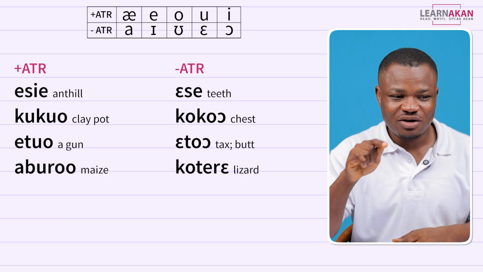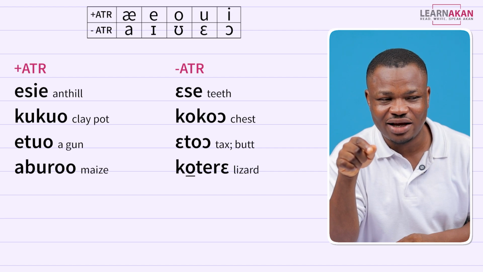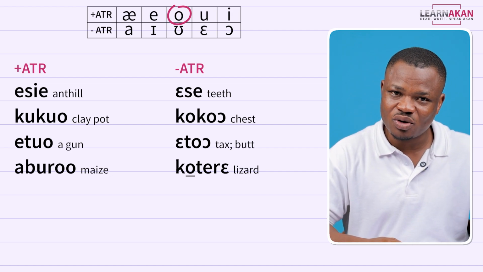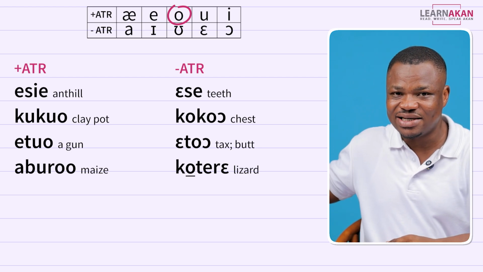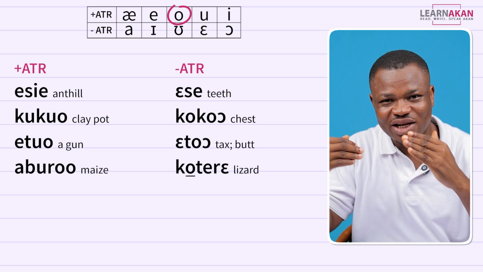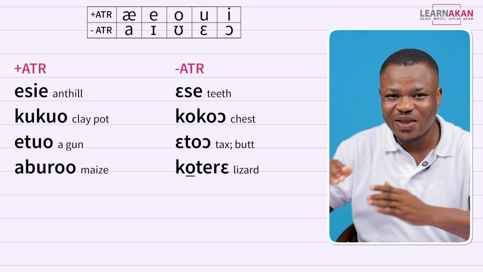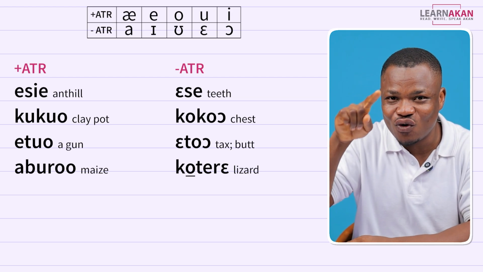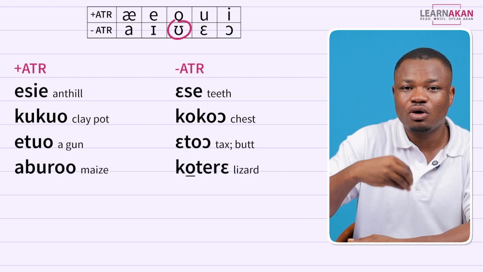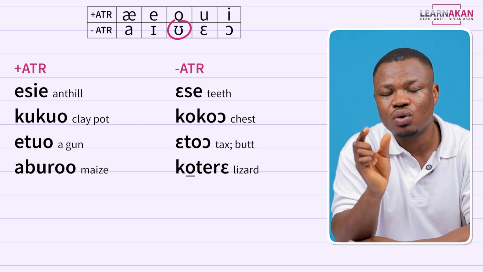So once we have that, we know that the O after the initial K, this could have represented the regular O sound. But no, because we know that O is from the plus ATR set and we already have minus ATR at the end. So for this to be in perfect harmony, it must be from the minus ATR set. So the minus ATR sound of this O is O, as in pot, right? Pot. So we have ko, and not ko. So we don't say ko, it's ko.